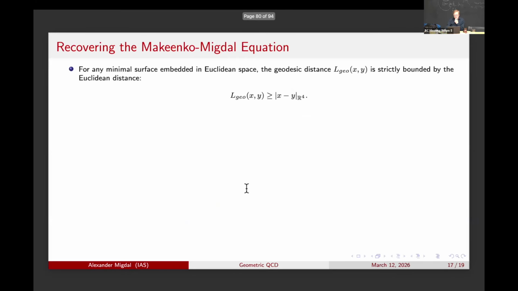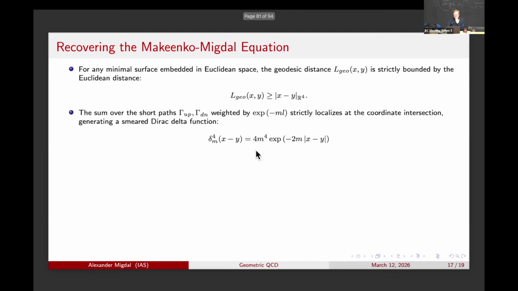Everything else is covariant. And then we have another theorem, which is almost trivial for a physicist, which says that the distance on the surface is always larger than or equal to the distance in physical embedding space.